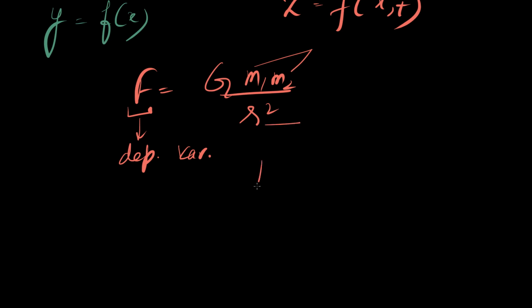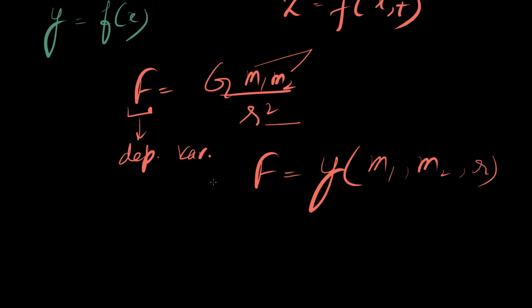So we can say that force, that is a function, depends upon the mass of the first body, the mass of the second body, and the distance of separation between them. From here it is clear that as we change m1 or m2 or r, F is going to change. And G here is the constant of proportionality.